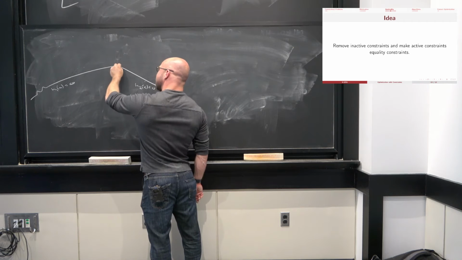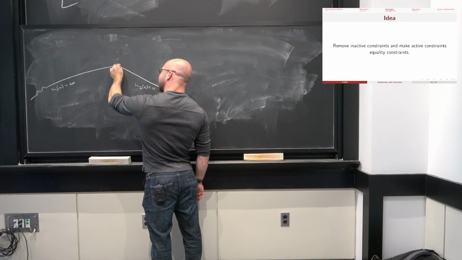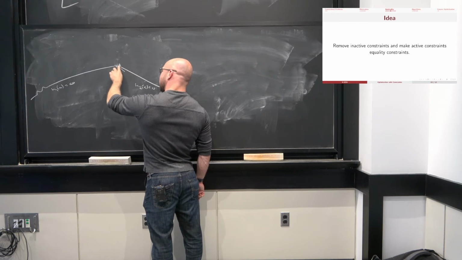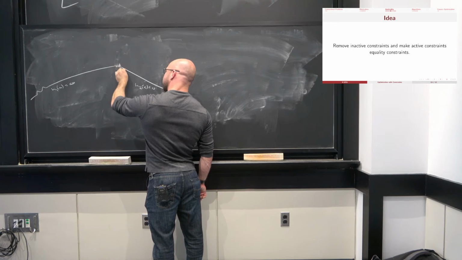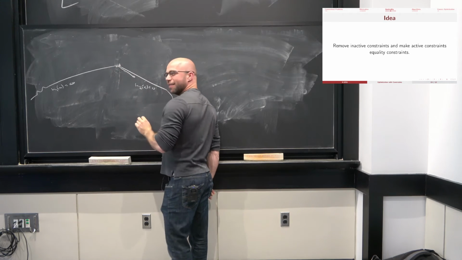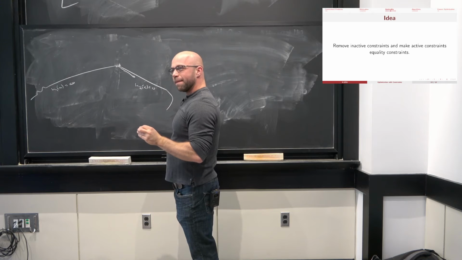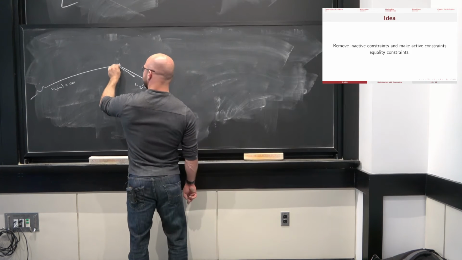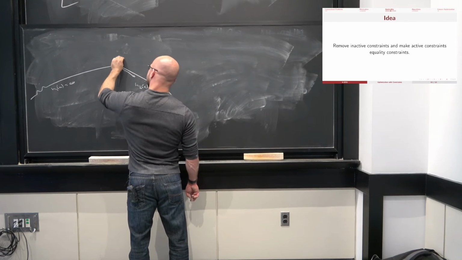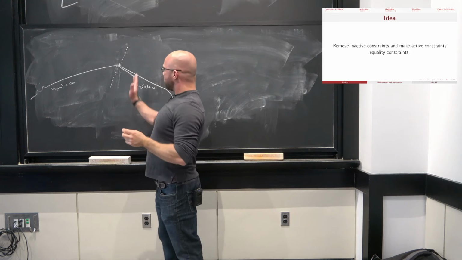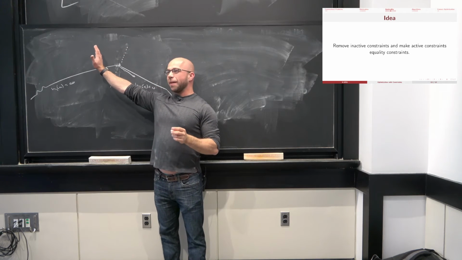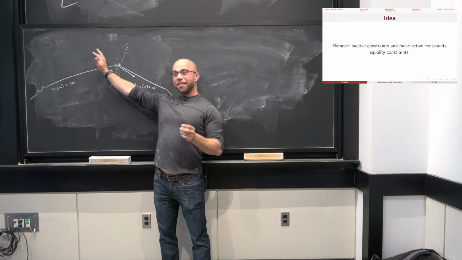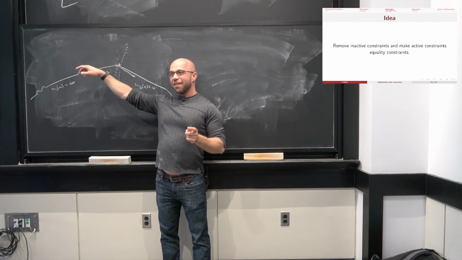However, let's say that the gradient points close to parallel to this edge here, like that. At least to first order, if I draw a line that's perpendicular to that gradient of f, notice that if I move anywhere in this half plane, I can decrease f. Does that make sense to everybody?